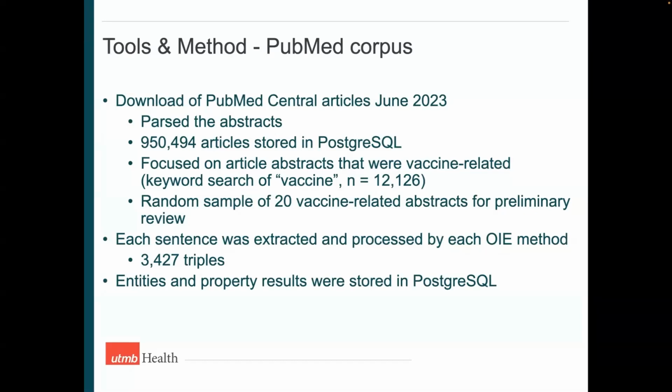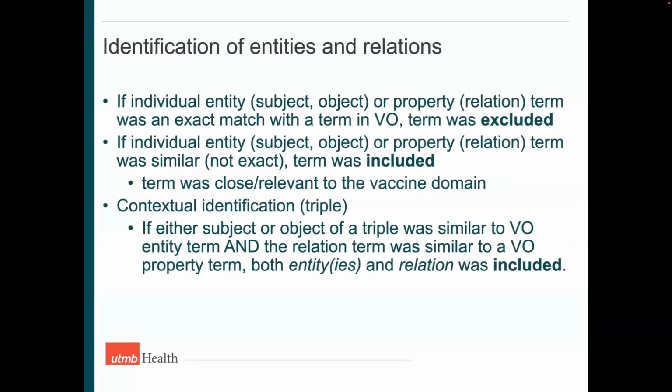And we stored the terms and compared them with the terms from the vaccine ontology. So just to further explain that, we used the stored terms, the entities, which are the subject and object, and the object properties and the relations, and compared them with the terms from the vaccine ontology. The entities, like the subject and object, were compared with the VO's classes, and the relation terms were compared with the object properties of VO.